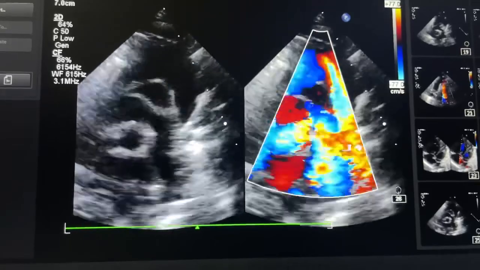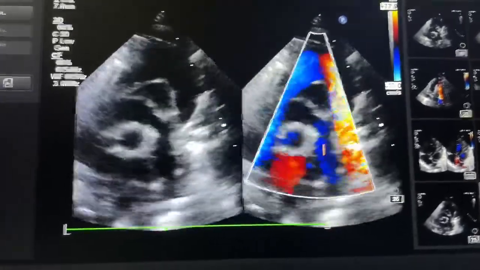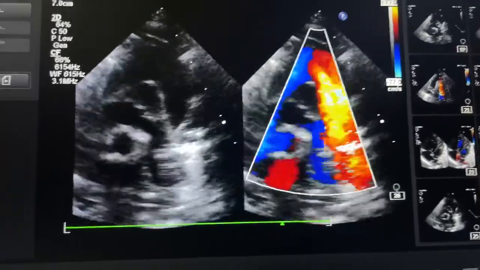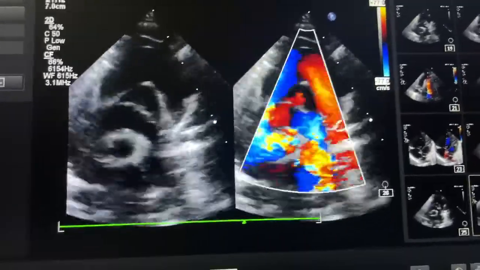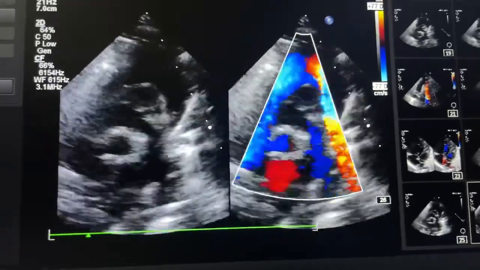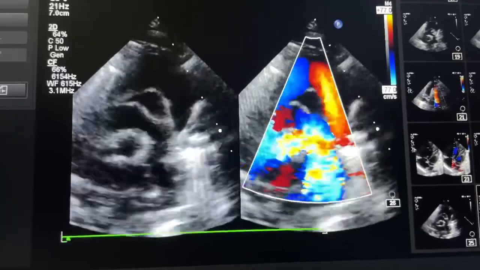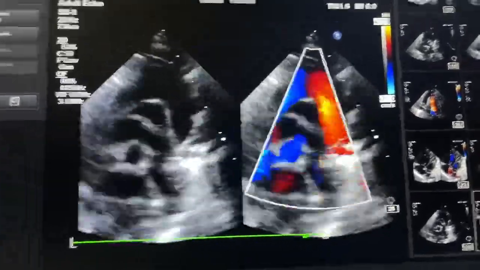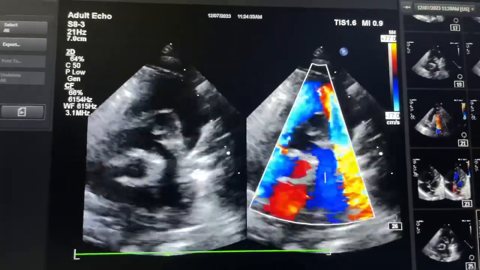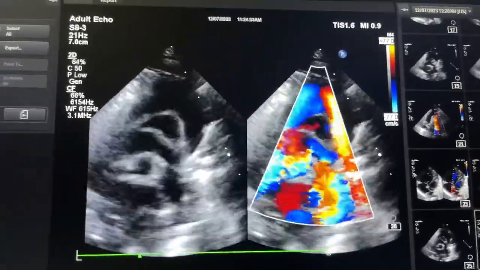So operation is needed early. The first month of age is the best time to operate. Second month, third month you can do, but better is before significant pulmonary artery hypertension develops; the child should get a corrective surgery before that. That is ultimately the point to note in this case.